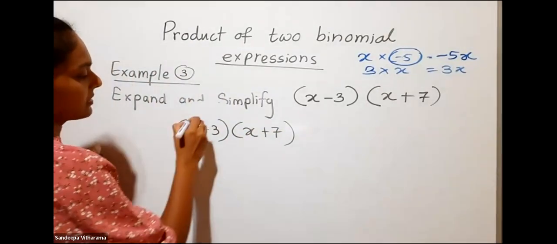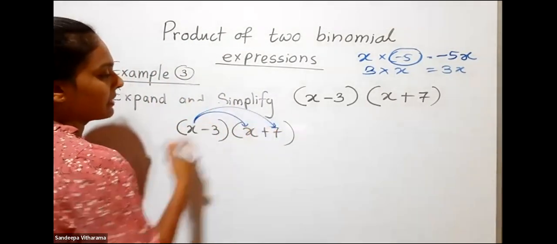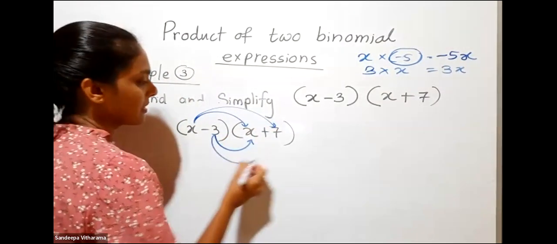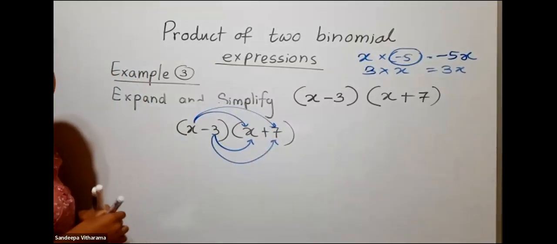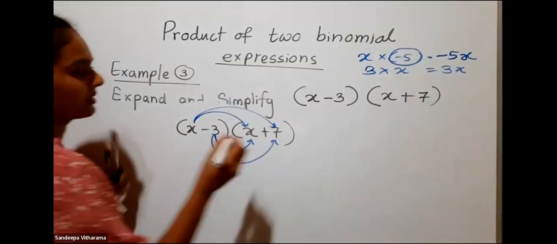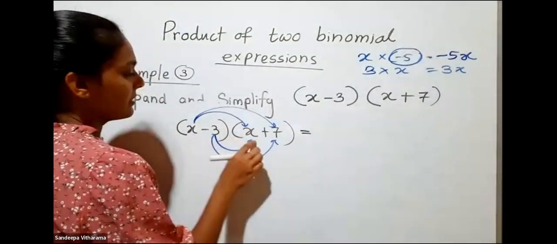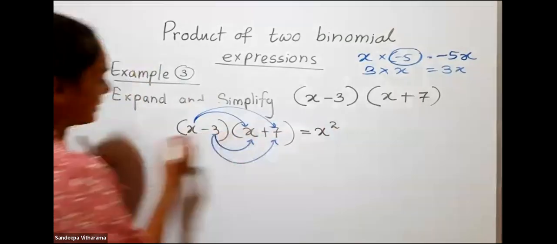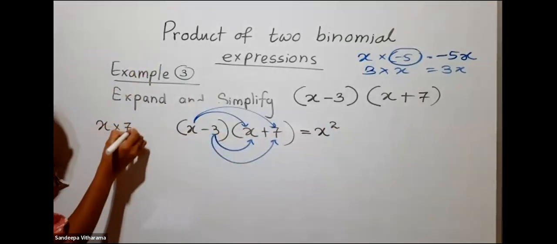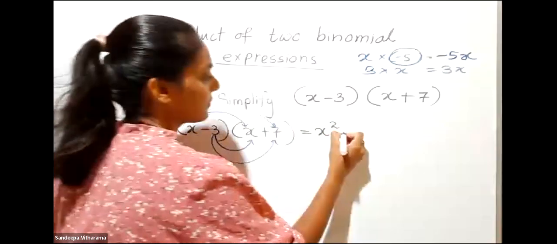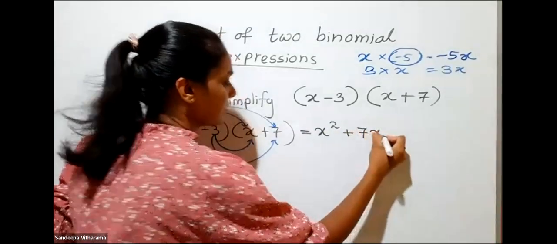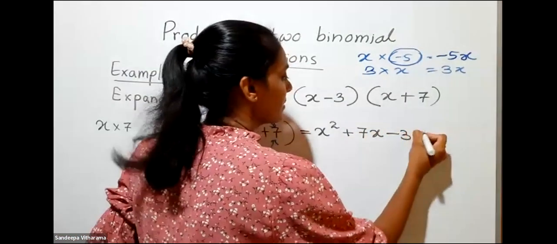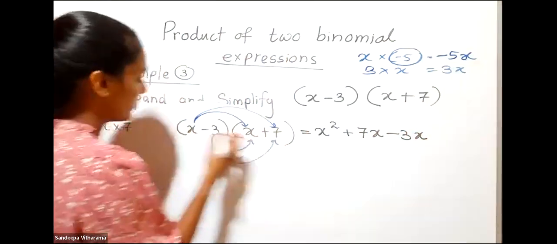Then first term by first term, first term by second term, second term by first term, second term by second term. x into x, it is x squared. x into 7, then you have to give the priority to the number, 7x. Minus 3 into x is minus 3x.